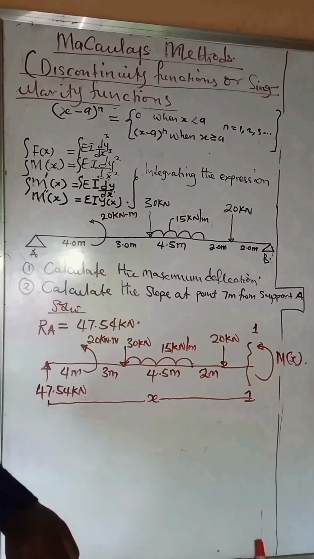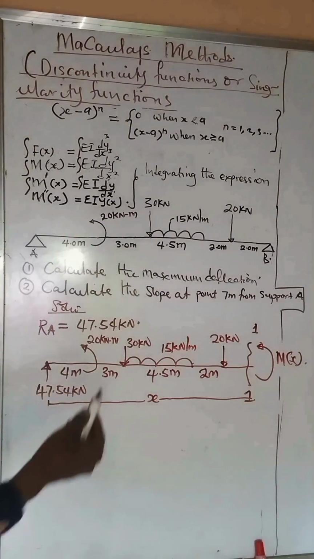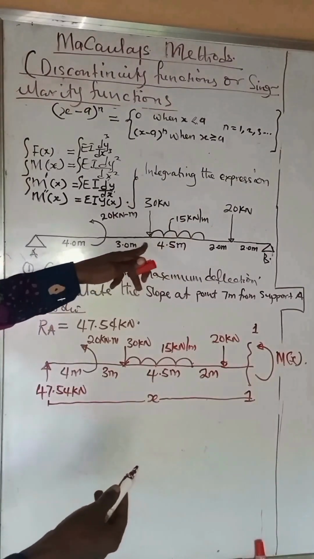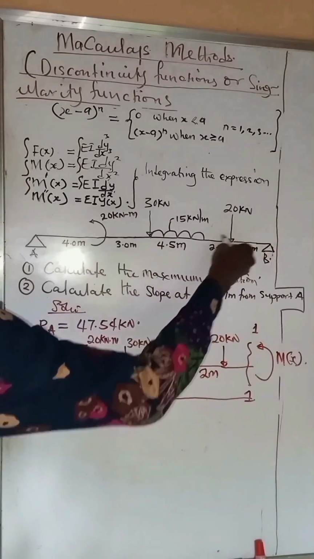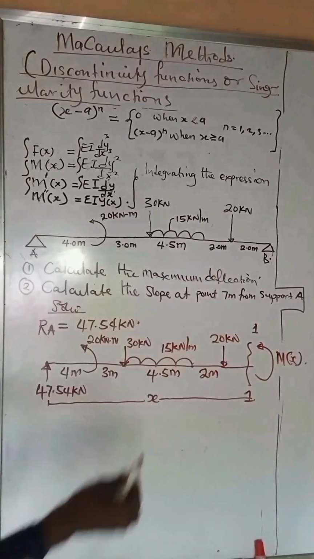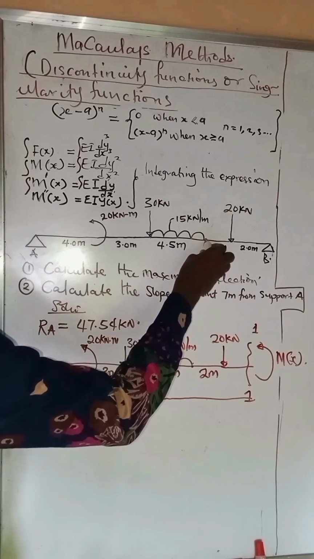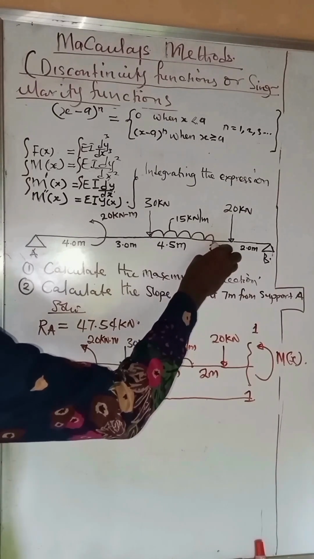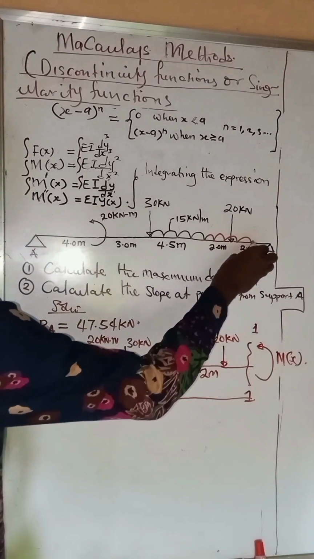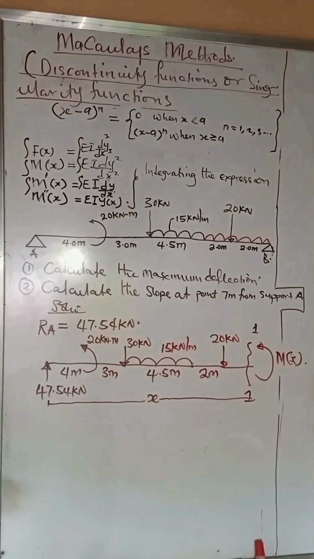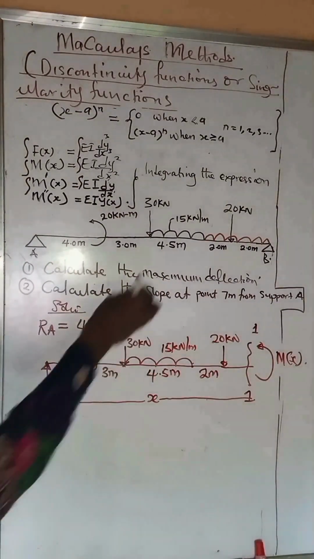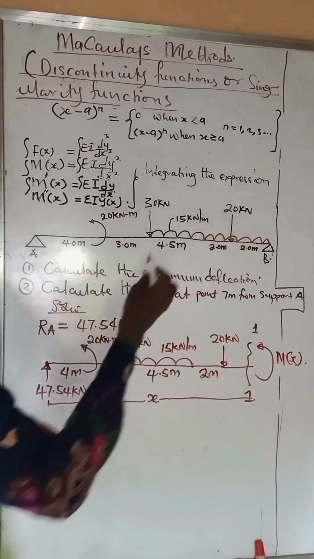So in Macaulay's method, what we do when your UDL is not spanning up to the end of where your moment is going to, is add a fictitious UDL. So the whole UDL now is 15 kilonewton.